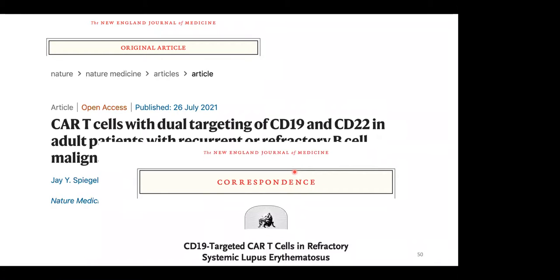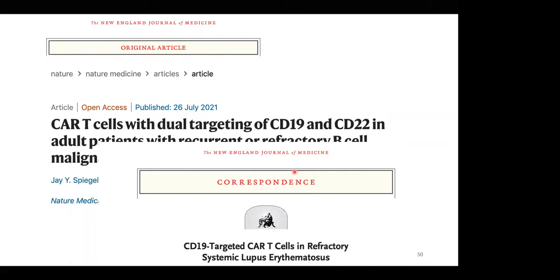And then there was a very interesting piece of research which I came across. I think this was in August 2021, in NEJM, a correspondence on CD19 targeted CAR-T cells in refractory SLE. The basis was that CD19 would target the B cells, and if the B cells are destroyed, the patient essentially goes into a B cell aplasia, so you don't have any antibodies which the patient is going to produce, thereby no autoimmunity.